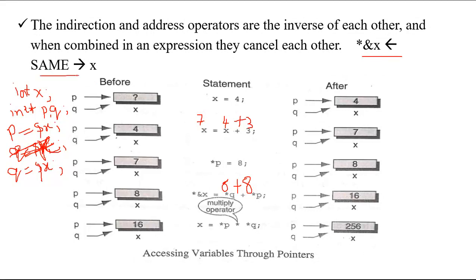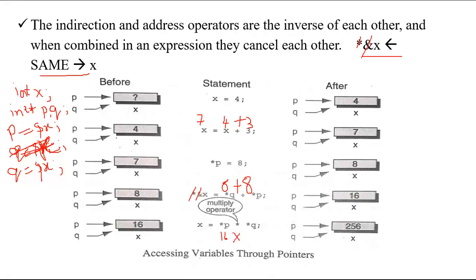This is the continuation. So star and ampersand of x is the same as x, because these two will cancel each other and you will get only x. Then x equals star P multiplied with star Q. Indirection P multiplied with indirection Q. Indirection P is nothing but value of x, that is 16, because x is holding 16.